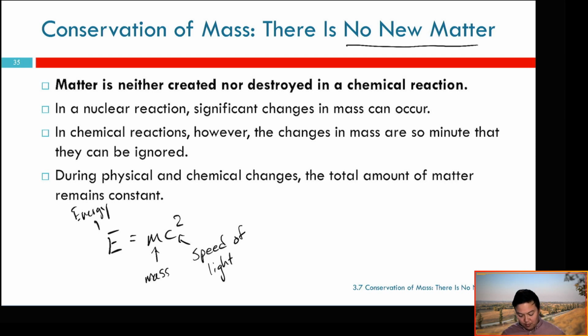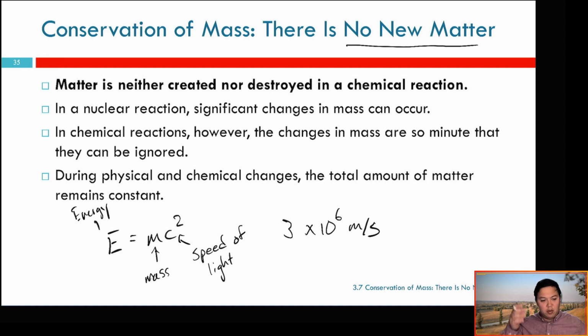You take that mass and multiply it by the speed of light squared. The speed of light is like 3 times 10 to the 6 meters per second, which is incredibly fast. You multiply that tiny amount of mass by the speed of light squared, and that creates energy. That's why you get so much energy out of nuclear reactions.